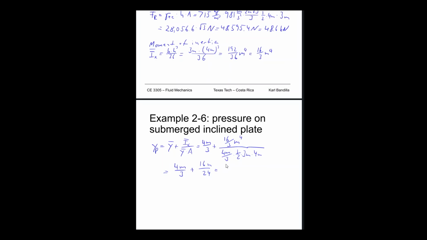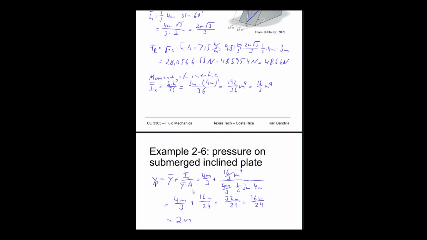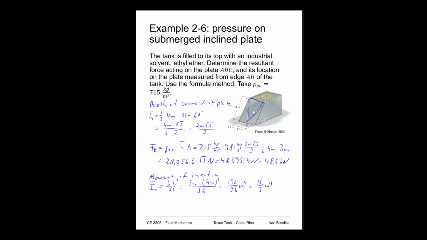Expand that first one out, then we have 32 meters over 24 plus 16 meters over 24, and that's 48 over 24, which means 2 meters. So we know that the pressure location is about halfway down this plate, because it has 2 meters in that direction.